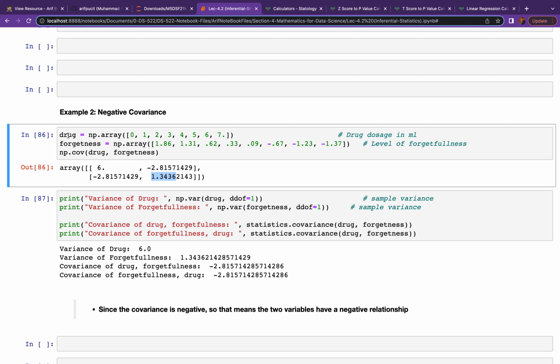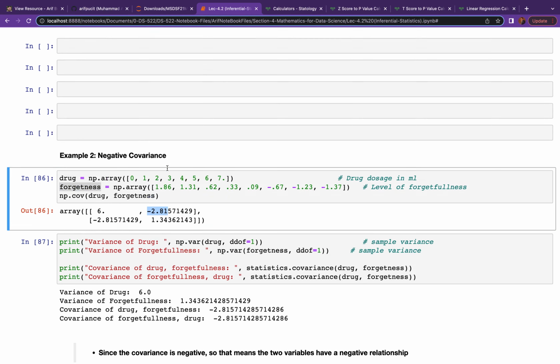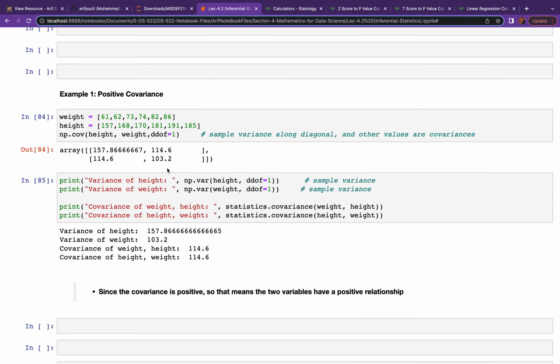The data is of a drug dosage in milliliter and the level of forgetfulness over here. This is the level of forgetfulness, and we have used this to compute the covariance matrix. You can see that in this example we have a negative covariance, while over here we had the positive covariance.